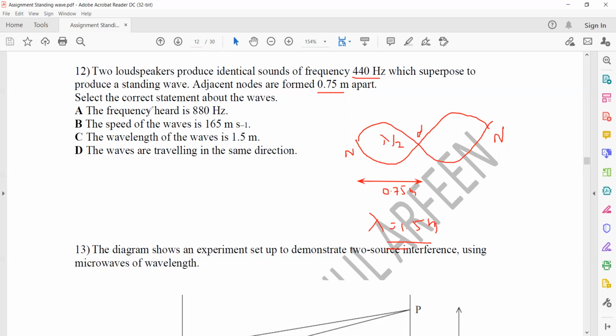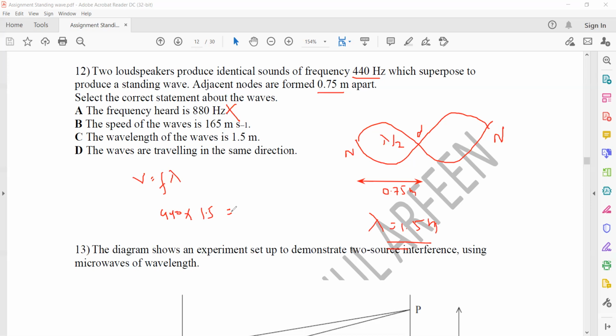So when we check the options, the frequency heard is 880. That's not the right answer because it is 440, and it is not a Doppler shift, so it does not change the frequency. The speed of the wave is 165 meter per second. How can we work out the speed of the wave? We know v equals f lambda. So 440 multiplied by 1.5, because we know the wavelength is equal to 1.5.